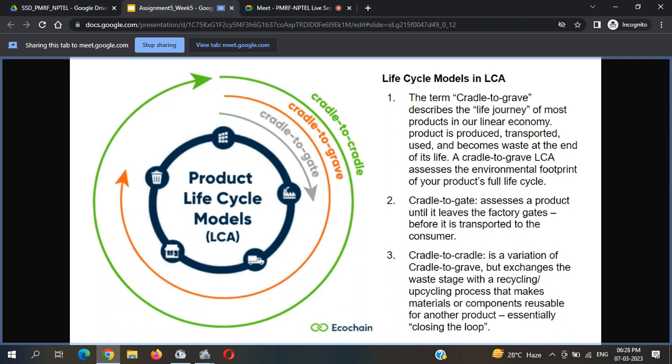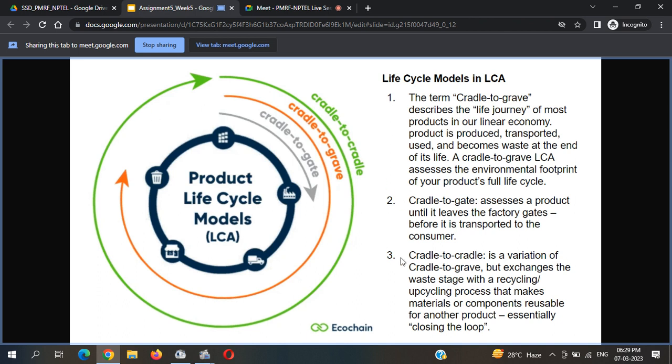So only the embodied emissions which are there in the production of the product are taken into account. They do not take into account the whole life cycle of the product.